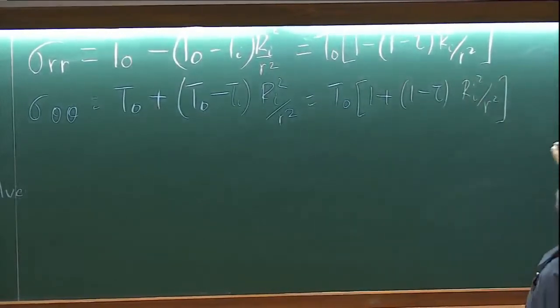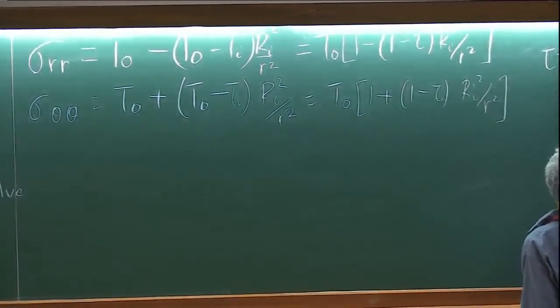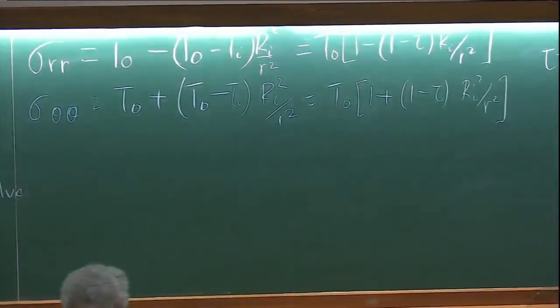So I've written tau. Tau is just, for me, T inside divided by T outside. This plays the role in this problem of the delta divided by W that we had earlier. This is the thing that forces compression. Okay? You tune this thing, you start getting compression somewhere, and that's already what the solution tells you.